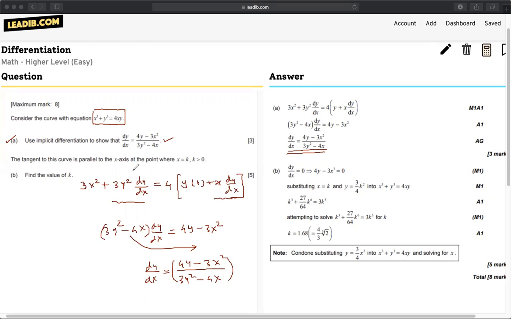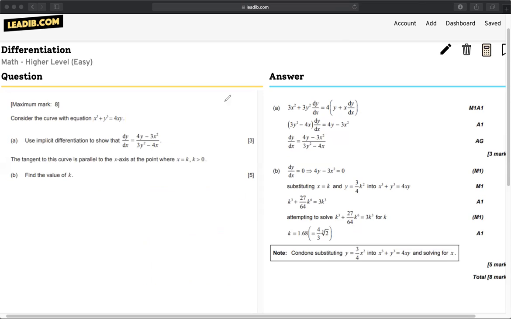Now, after this, let's go to the second part. Let me clear this first. The second part says that there is a tangent to the curve and it is parallel to the x-axis at the point x is equal to k. To understand this, let me quickly explain what it means. Let's say you have a curve.